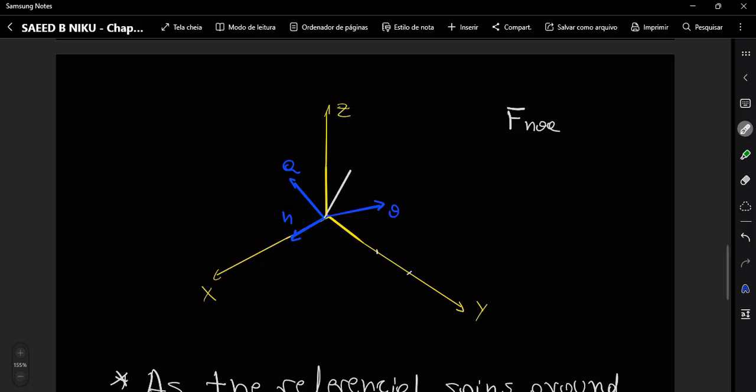Vector, the point P linked on the reference system.